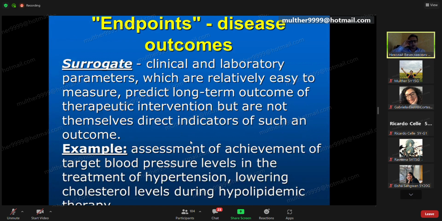The second group of clinical trial endpoints is surrogate or false endpoints. This group includes clinical and laboratory parameters which are relatively easy to measure and can predict long-term outcome of therapeutic intervention, but are not themselves direct indicators of such an outcome.